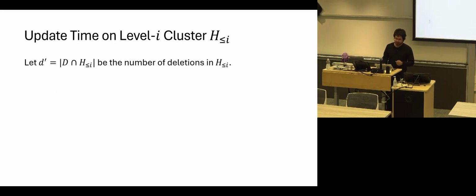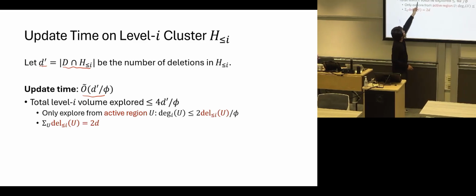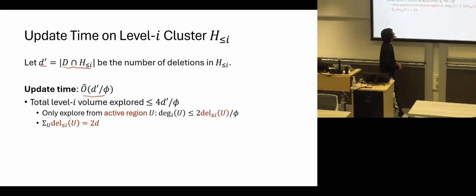And the update time, well, suppose that I denote D prime as the number of deletions in H. I claim that the update time is proportional to D prime. And the reason is this. I claim that the total level I volume, the total degree I that we explore, is going to be something like 4D prime over phi.